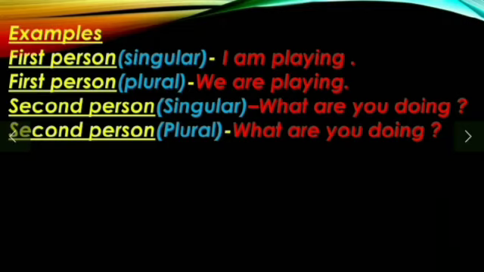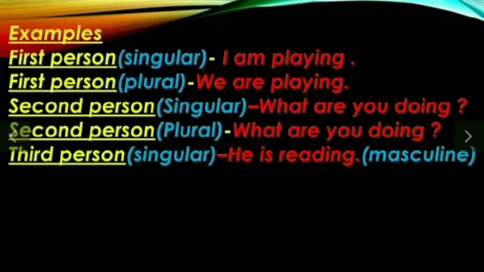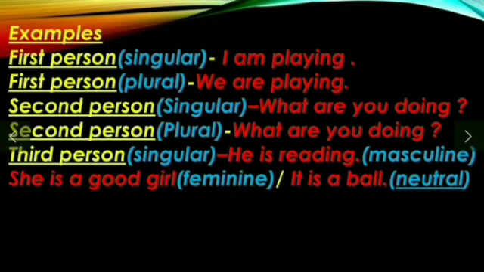Got it? Okay. Now for third person singular, we use the pronoun word he for masculine. Sentence is he is reading. We use the pronoun word she for feminine gender. She is a good girl.